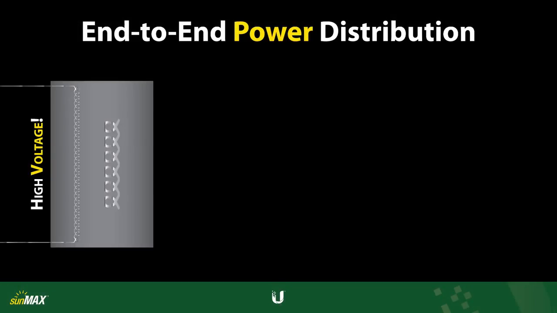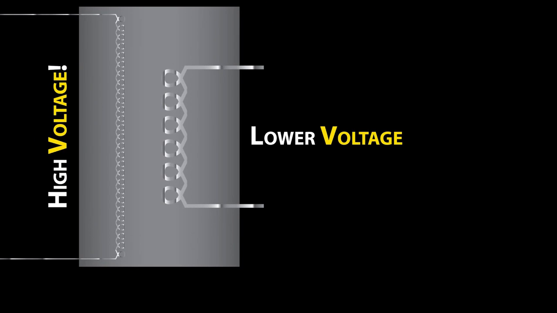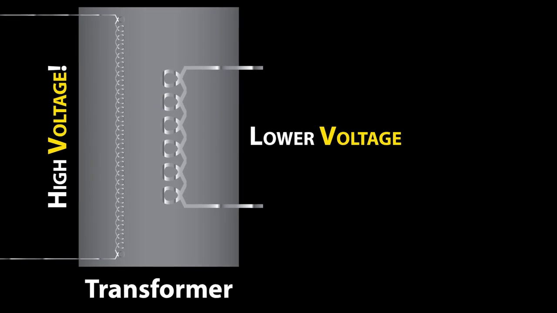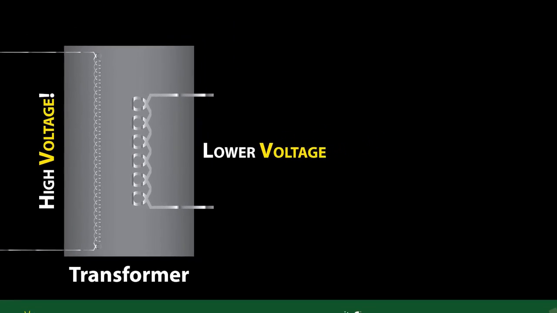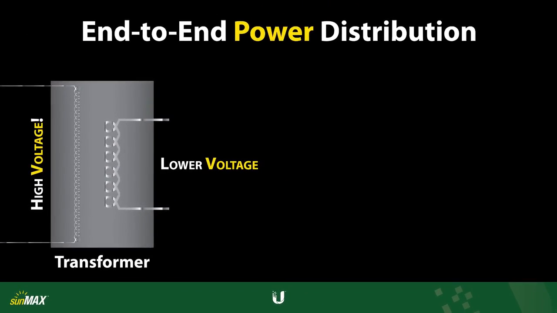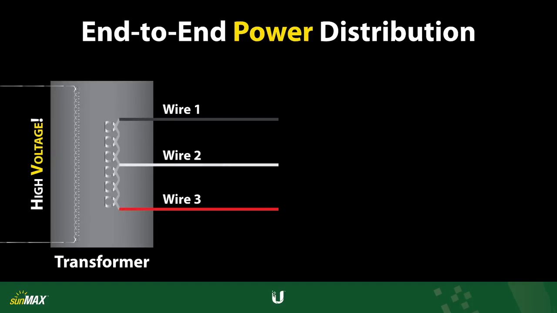Eventually, high voltage electricity is downconverted to lower voltages using devices called transformers. In many countries, including the United States, it is common to transition 3 wires to the customer premise, 2 of which carry voltage, lending to their name hot conductors.